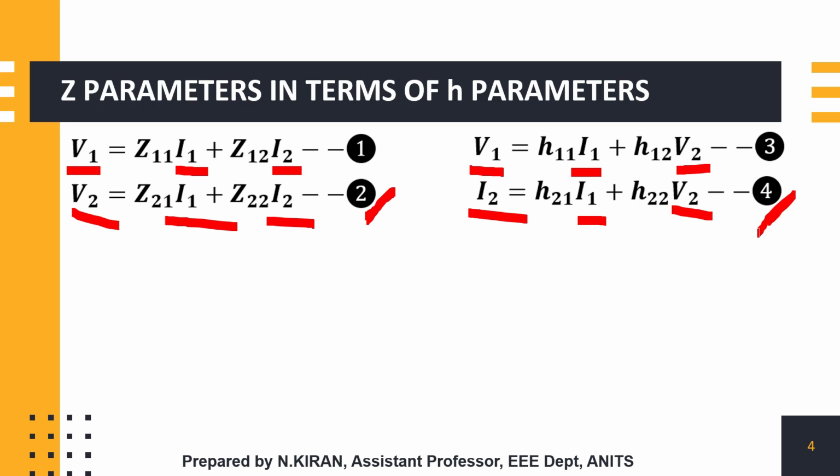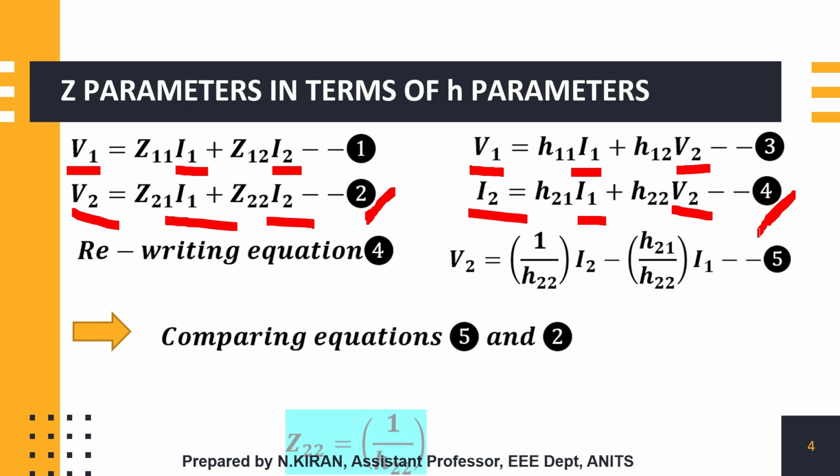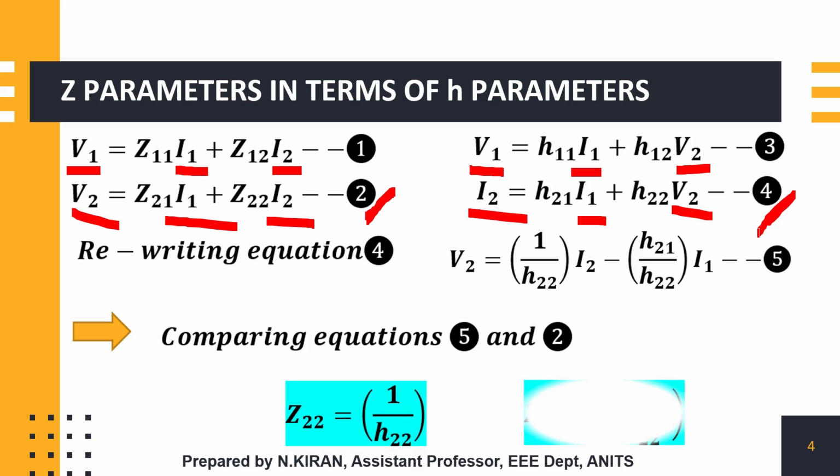In order to easily compare these equations, I will rewrite my fourth equation as V2 is equal to 1 by H22 into I2 minus H21 by H22 into I1. Comparing equations 5 and 2, I will get Z22 to be 1 by H22 and Z21 to be minus H21 by H22.